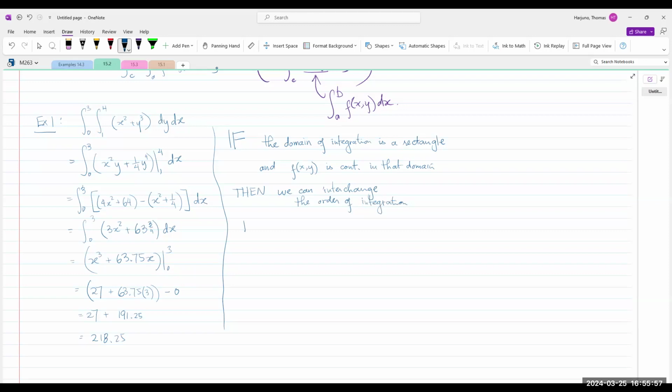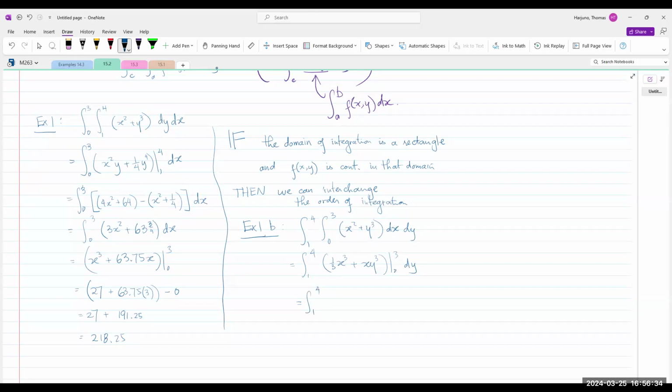In other words, our example 1 can also be done this way: integral from 1 to 4, integral from 0 to 3 of x squared plus y cubed dx dy. Okay, and that's supposed to give us the same result. That will give us 1/3 x cubed plus xy cubed from 0 to 3 dy.